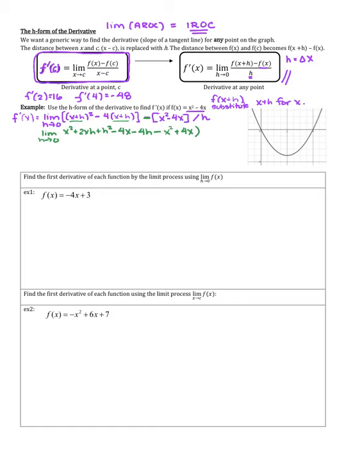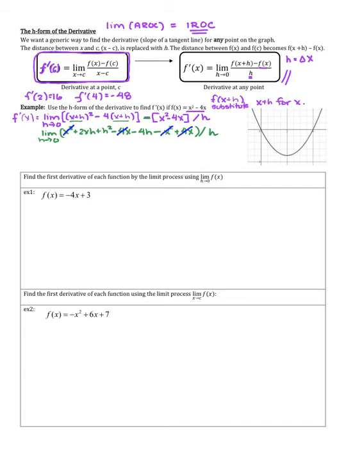And again, all of that is going to get divided by h. So what happens next is, first let's simplify our numerator, because a bunch of things are going to cancel out. So we have this x squared will cancel with this x squared. I have minus 4x will cancel with positive 4x.